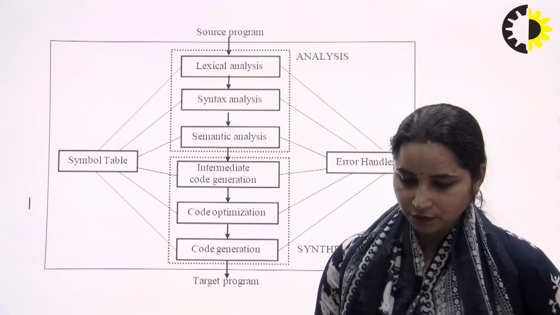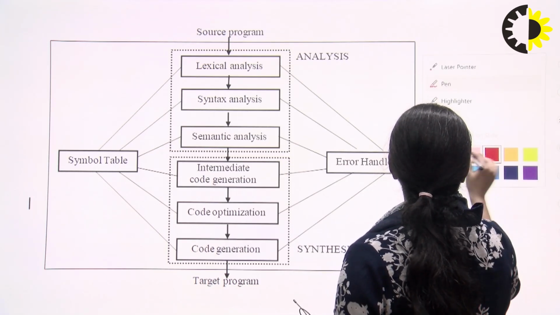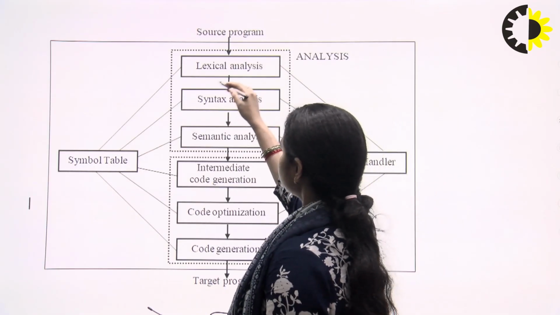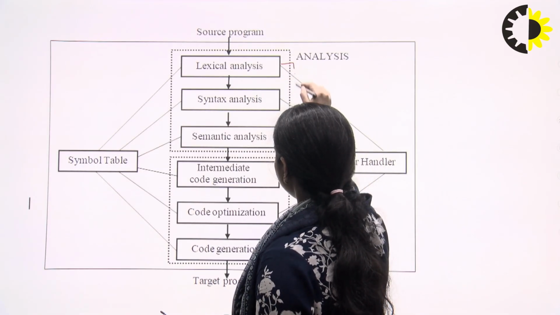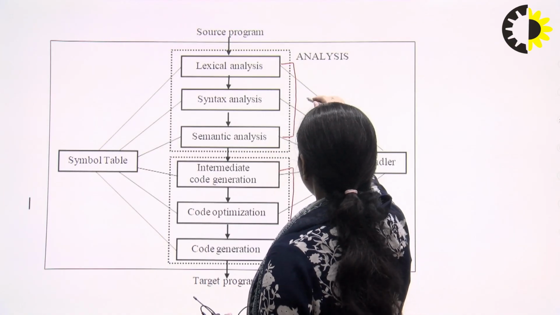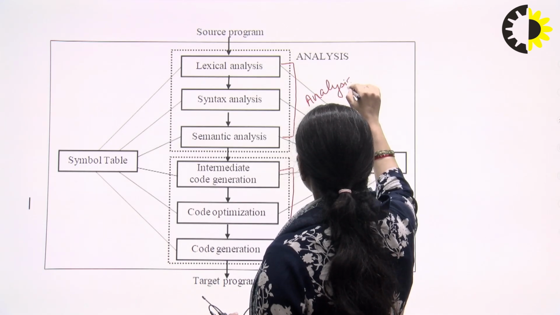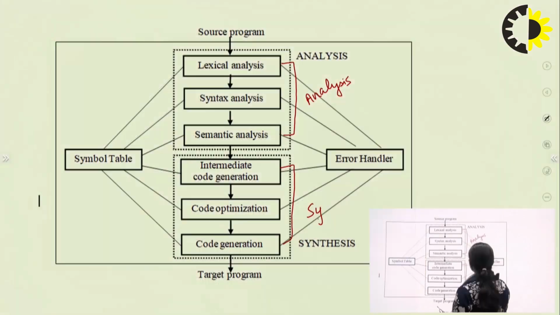So as we are aware, there are these phases, and in these phases there are two parts. One is the analysis part and another one is the synthesis part, right?